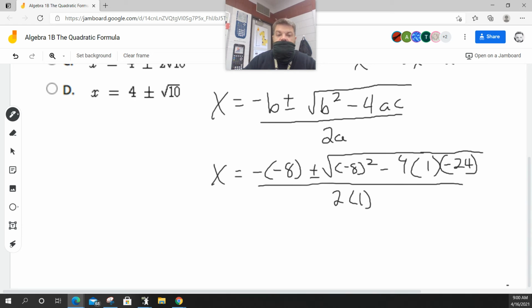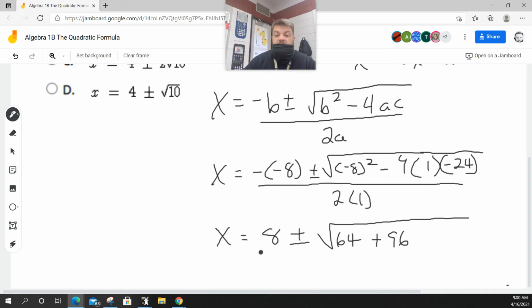So let's do this. We're going to do x equals 8 plus or minus the square root of negative 8 squared, which is 64. 4 times 24 is 96. So that's a positive 96, all over 2. Okay?